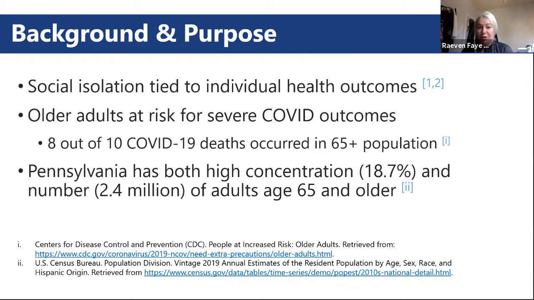We know that older adults were at risk for having more severe complications with COVID, and being more likely to unfortunately pass away from COVID. So we know that these things are all combined, and we want to be paying attention to them. As mentioned previously, Pennsylvania has a very large concentration of older adults, 2.4 million. And so that's a large population of our state that is at risk for these complications with the pandemic.